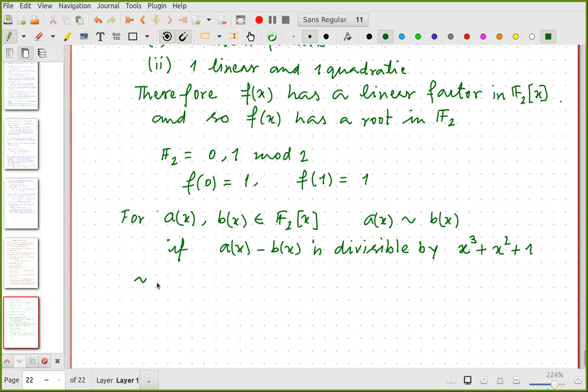And this is going to be an equivalence relation, which is what we have proved in that class.